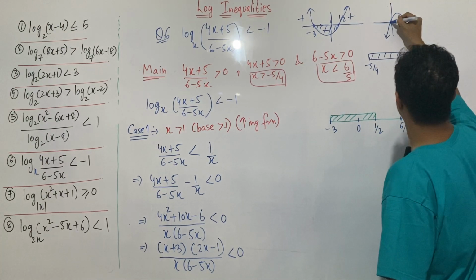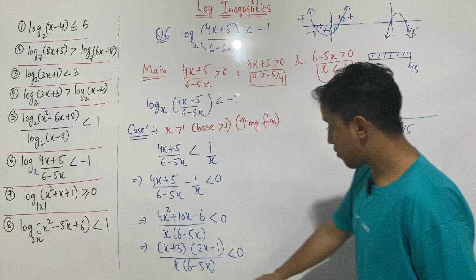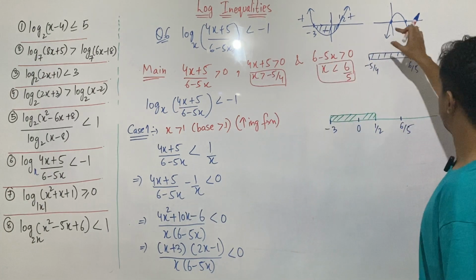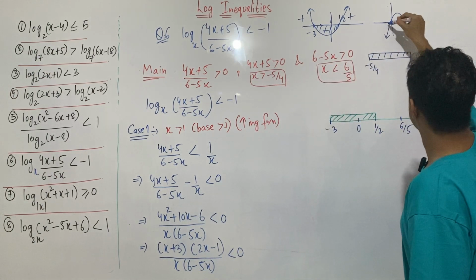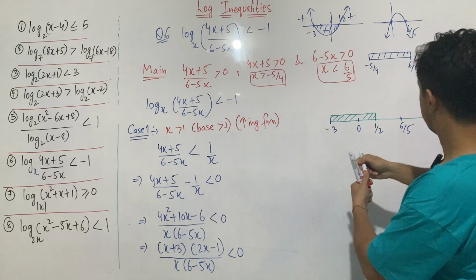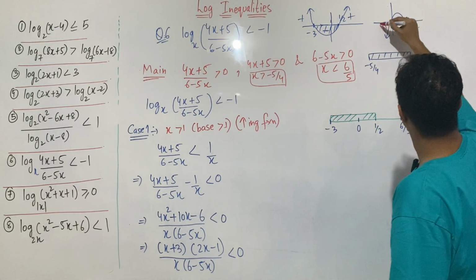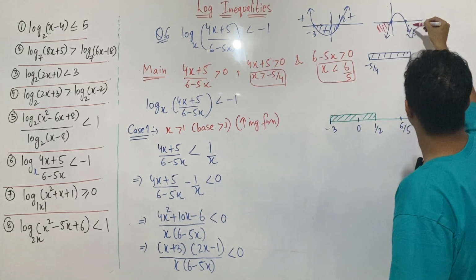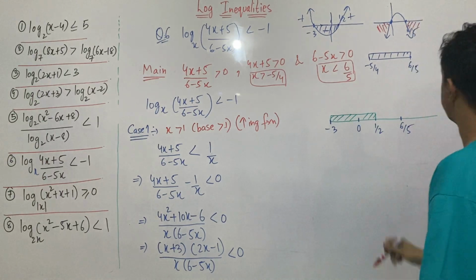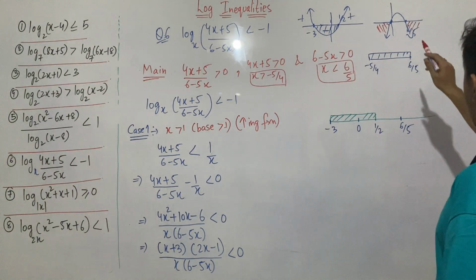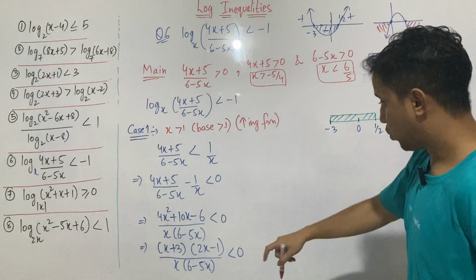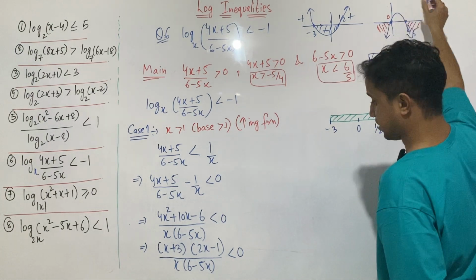parabola. Okay, so less than 0, so where it is less than 0, this part is less than 0. This part is less than 0. Why? Here the value of y is negative, here too. Right? So this is 0, and this is 6 by 5.